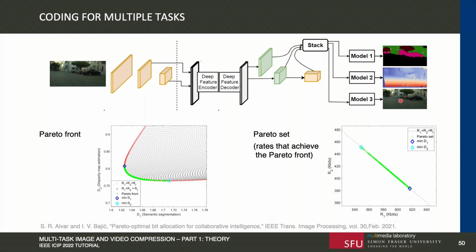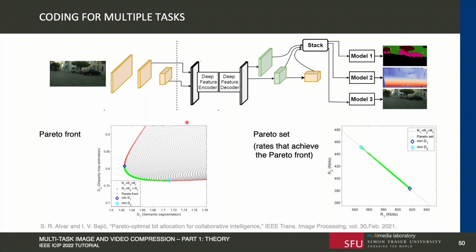That'll be useful later, but in this particular example, we'll just focus on these two tasks of semantic segmentation and depth estimation. So the model is split at a particular point where two feature tensors need to be encoded, and those are the coding units to which we will be allocating bits, and both are being encoded using JPEG 2000 so that we can control the rate fairly precisely.